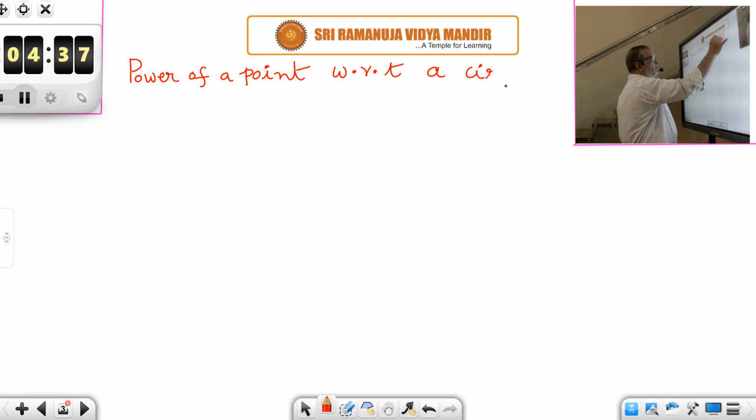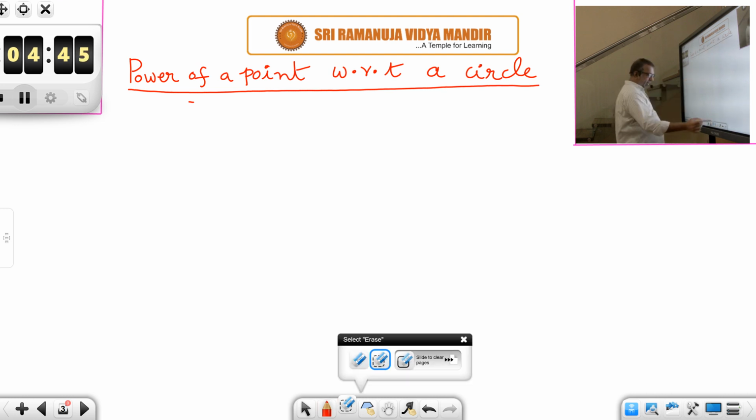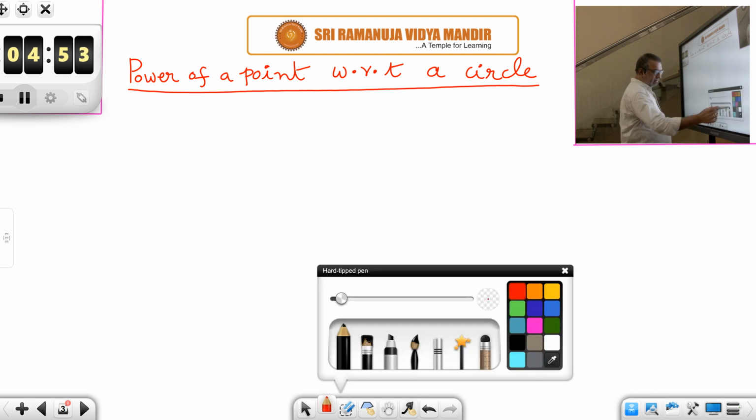This is a definition only. What is meant by power of a point with respect to a circle? Okay, so this is the definition.